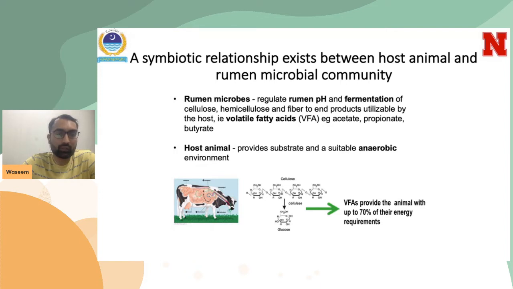These volatile fatty acids are metabolized by the host animals, and they actually depend on them to get their energy. Like 70% of their energy comes from these microbial products. In addition to these VFAs, they also get microbial proteins. So a lot of fermentation is going on in the rumen, and at the end, hosts utilize the products of this bacterial or other microbial fermentation.